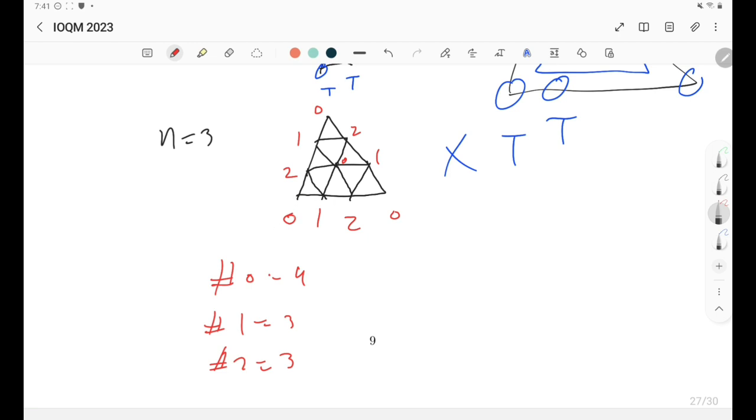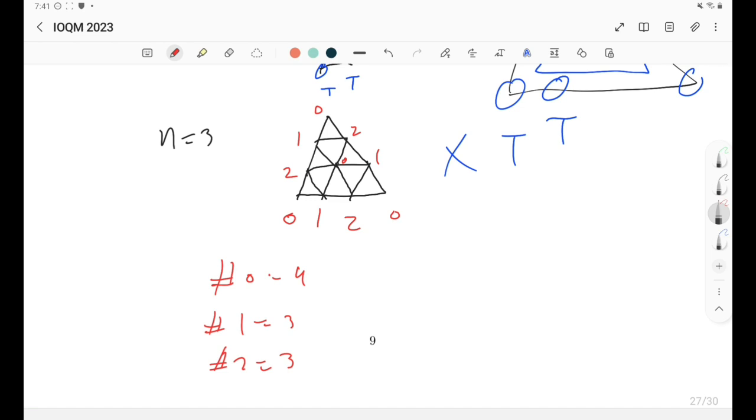Like each 0 is going to be flipped an odd amount of times so that it becomes tails. But the problem is that the number of zeros and the number of ones are different in mod 2. One of them is odd and one of them is even.